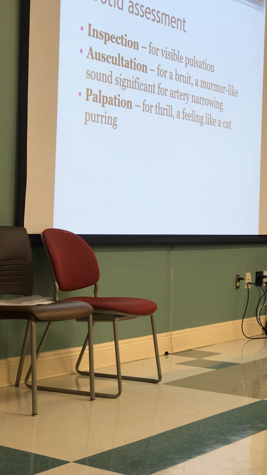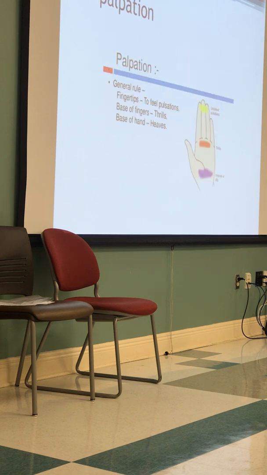A murmur without a thrill is a 3. A murmur with a thrill is a 4. I know about 1 and 2, 5 and 6.